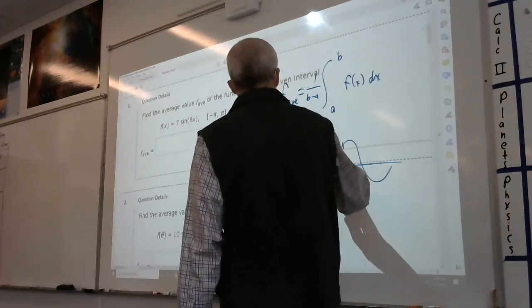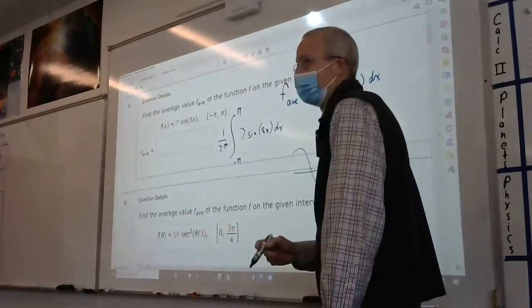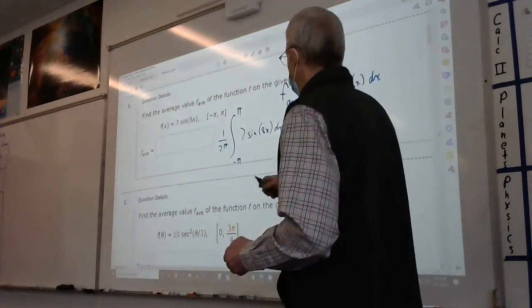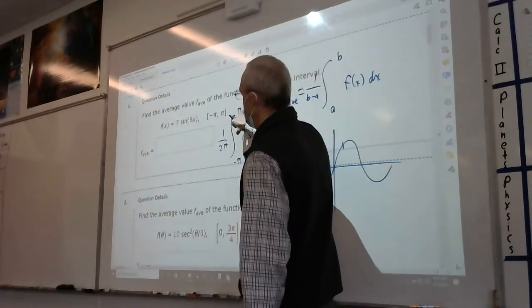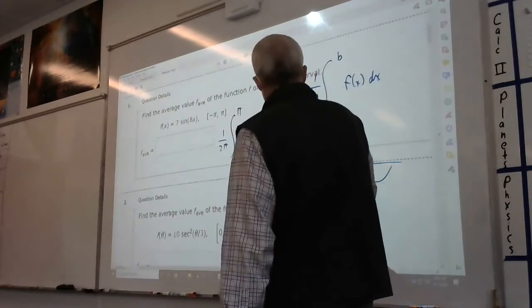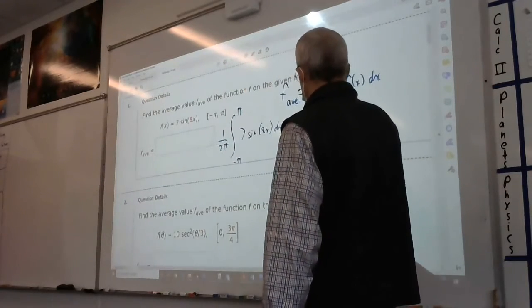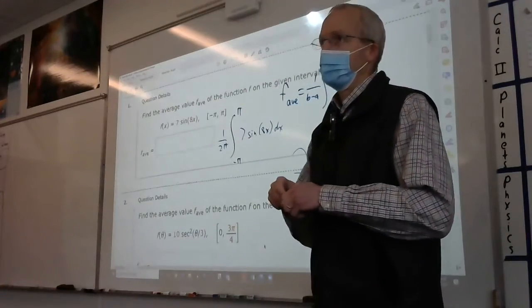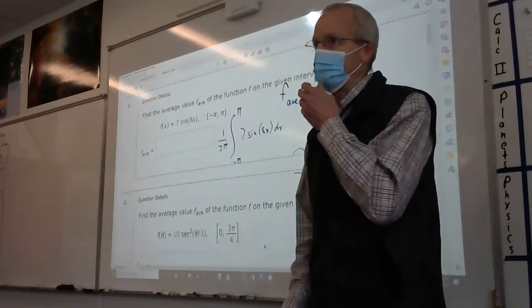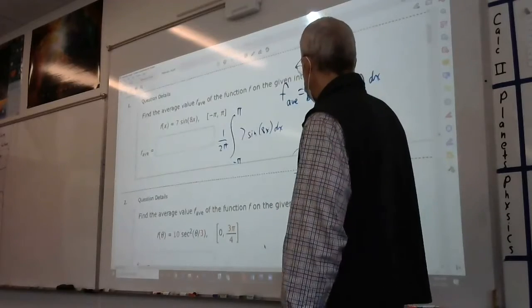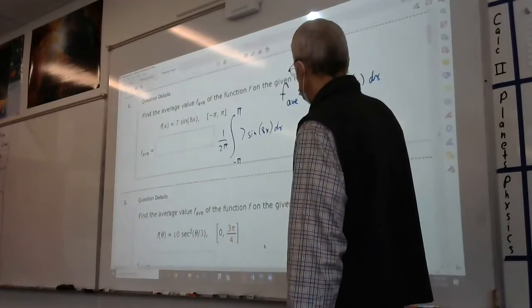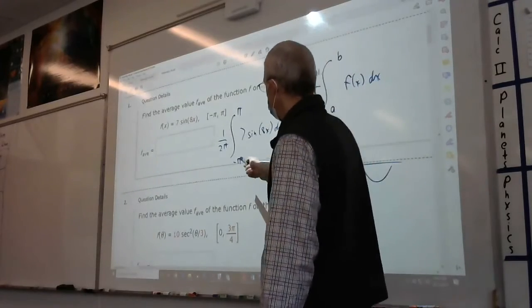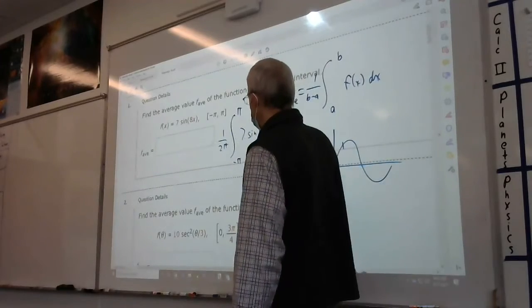So whatever it is here, it's the exact opposite here. So if we integrate from the same number to the same number, one side is going to be the exact opposite of the answer we get on the other side. It just cancels out. If you have an odd function like sine, whatever it is on this side, it's exactly the same but negative. From the same number to the same number of an odd function, it's 0.